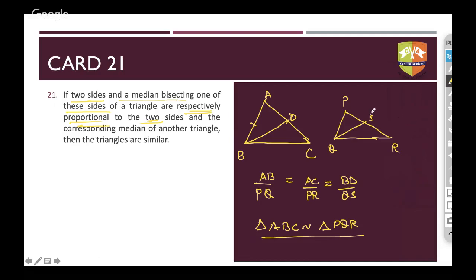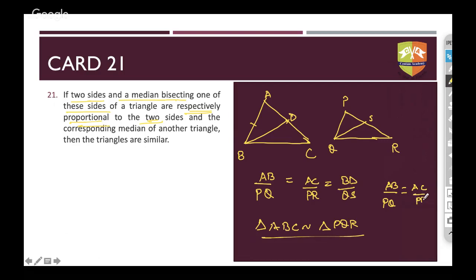Clearly AB by PQ is given. We have to prove when these two triangles will be similar. It's already given that AB by PQ is equal to AC by PR.